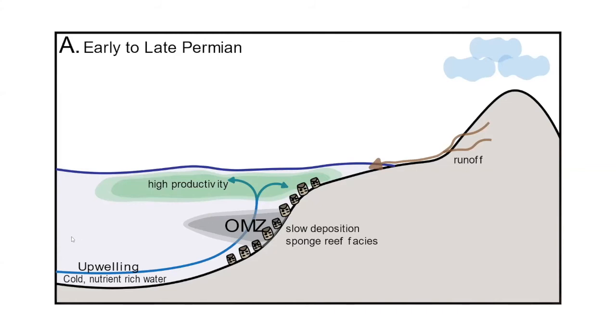So here again, with high primary productivity and low nutrient input, we have evidence that there's a strong upwelling going on between the early to late Permian that is supporting high primary productivity. We also get slow deposition of sediment, and we have some sponge reef facies.